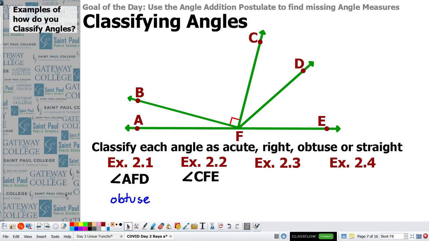CFE. That's this angle right here, CFE. That's less than 90 degrees. It's a smaller angle, so that one is acute.